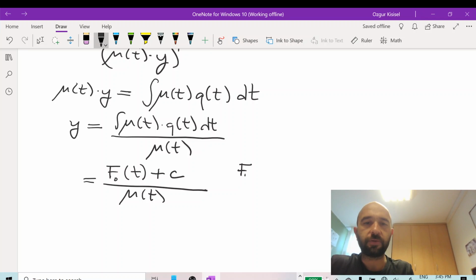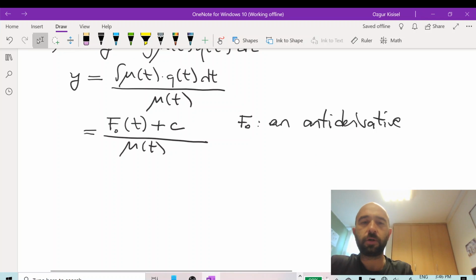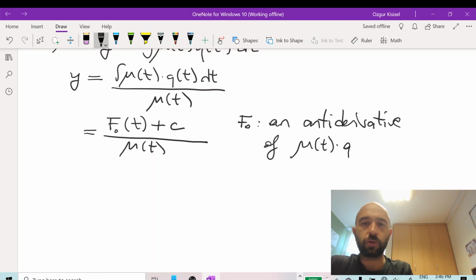Here, f0 is an antiderivative of mu(t) times q(t). I don't know what it is.